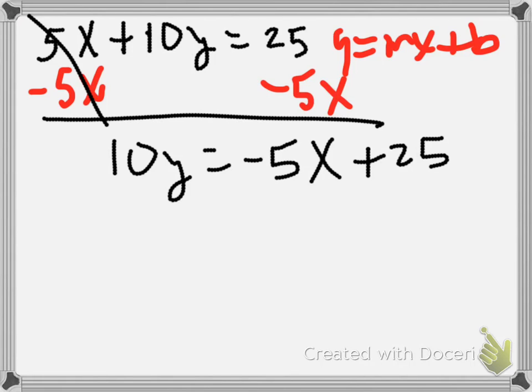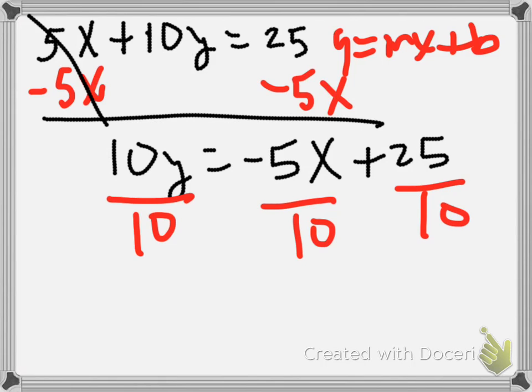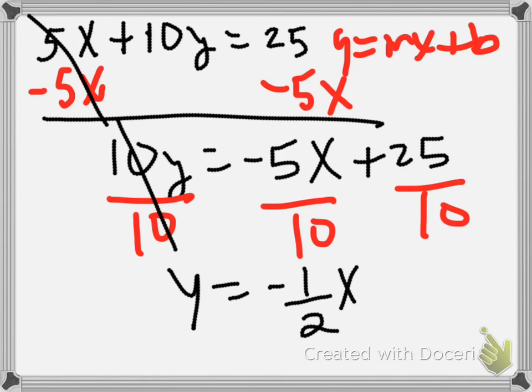Now, almost there, we just need to get rid of that 10. So let's divide both sides by 10. Remember, this is two terms, so we've got to divide each one by 10. Now the 10's divide out, and that gives you negative 5 over 10, which reduces to negative 1/2, or you might call it negative 0.5, plus 25 over 10, which is 2.5.